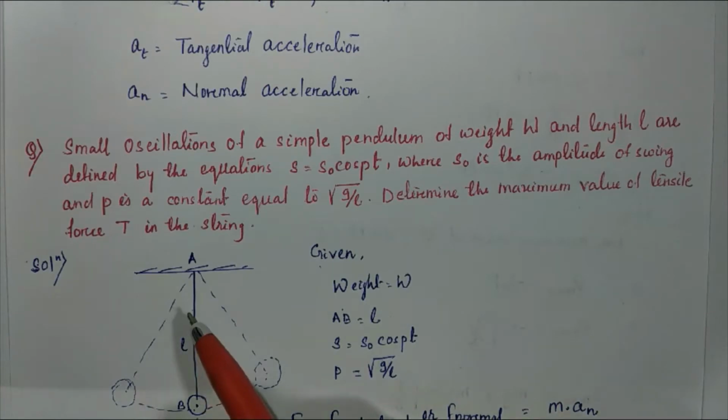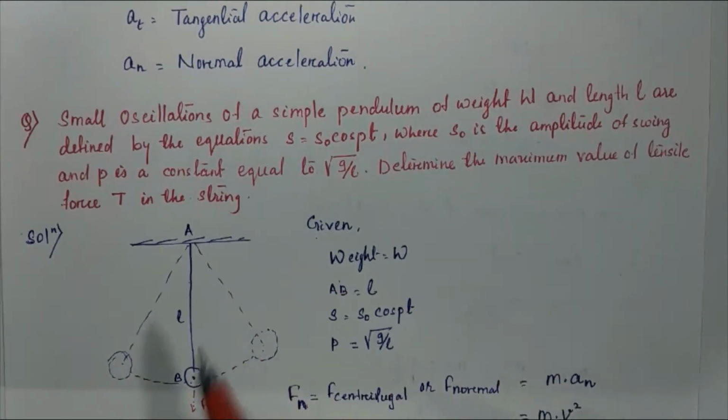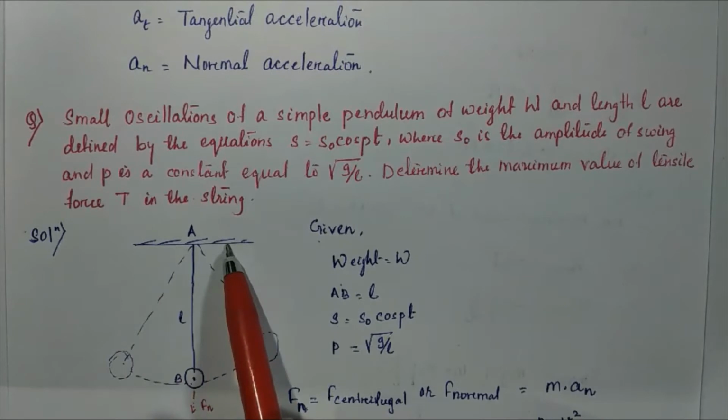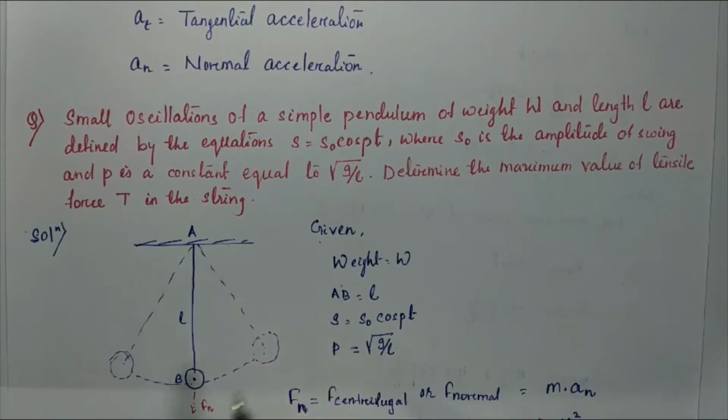We consider a pendulum hanging from the ceiling, or from the point A. This is the mean position of the pendulum. It moves to an extreme position, comes back to the mean position, and again reaches another extreme position. This is the way in which the pendulum swings.